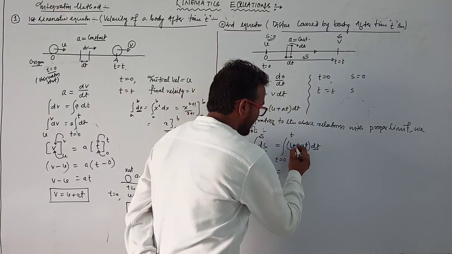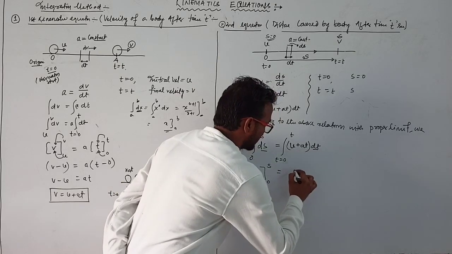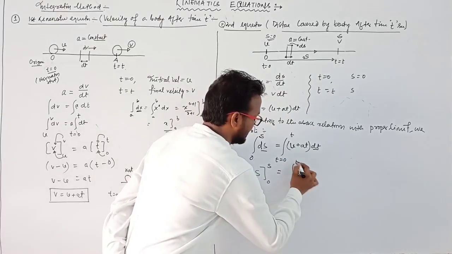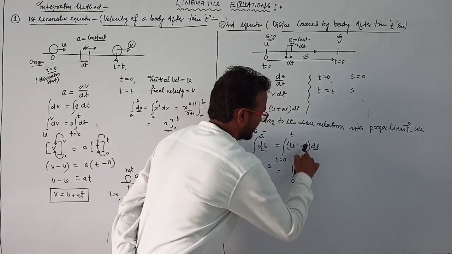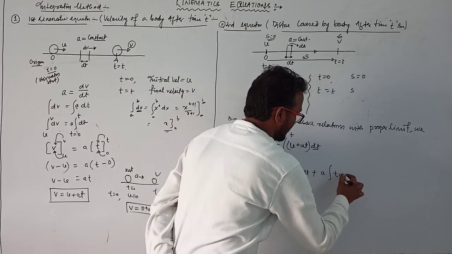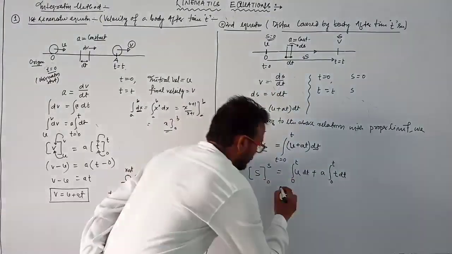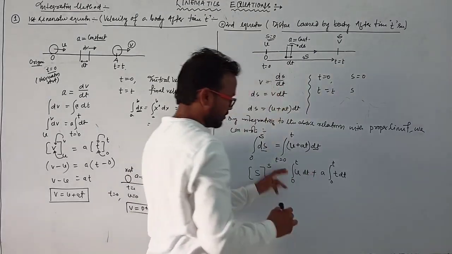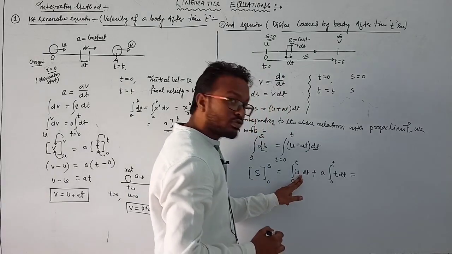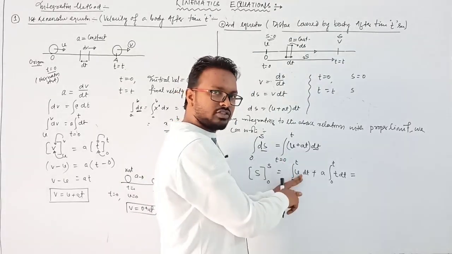Now separate this integration into individual terms. You can write u integration 0 to t dt plus, here a is a constant quantity, so you can write a t dt integration 0 to t. Clear? Now u is also constant, because it is the initial velocity, initially constant.